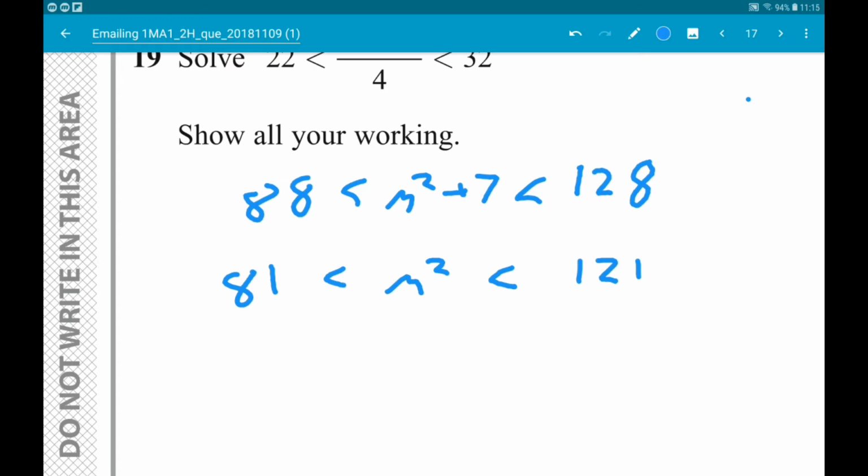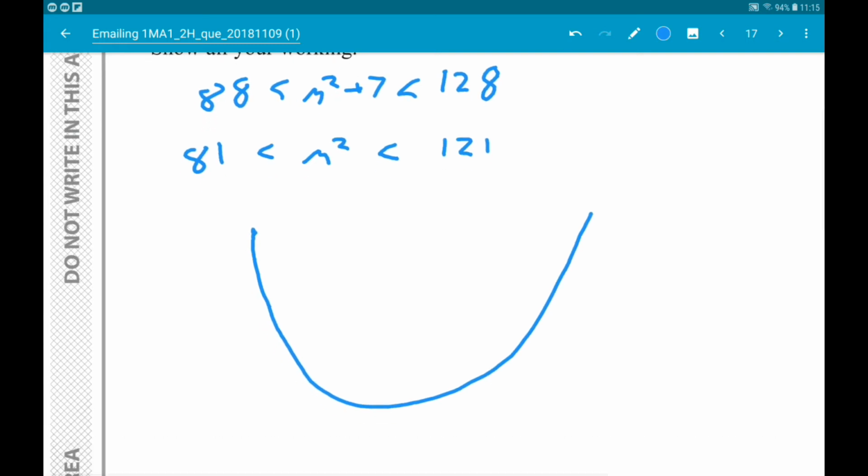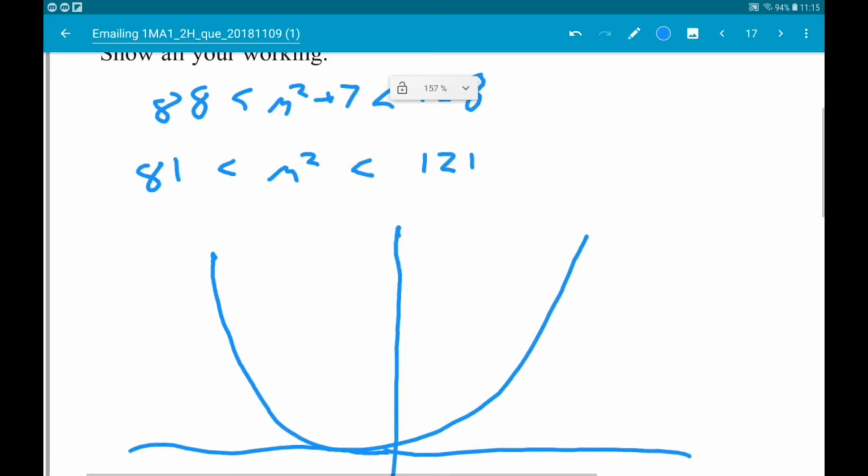So, if we plot y equals m squared, so let's say 81 is there, and 121 is up there.